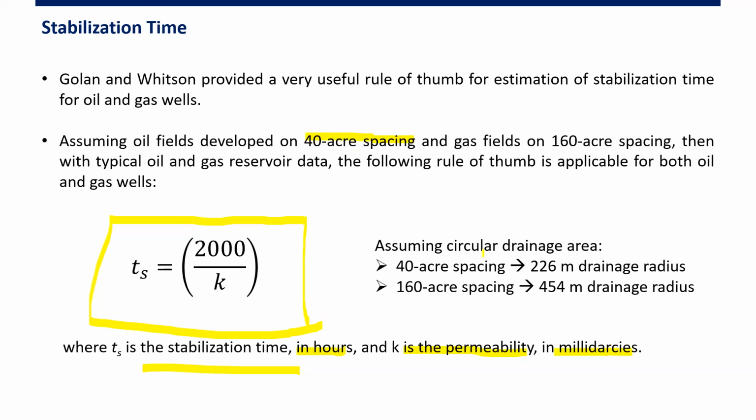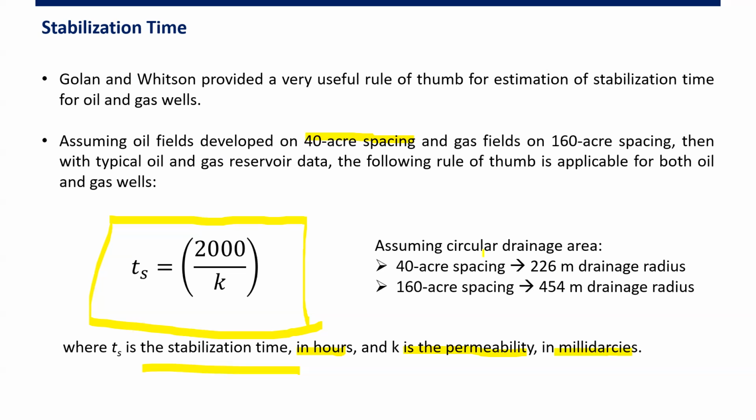So for an oil well with 40-acre spacing, it equals a drainage radius of 226 or 227 meters. Whereas for gas, 160-acre spacing is the same as saying that the drainage radius for your gas well is approximately 450 meters.